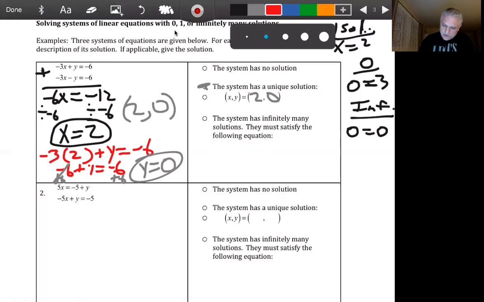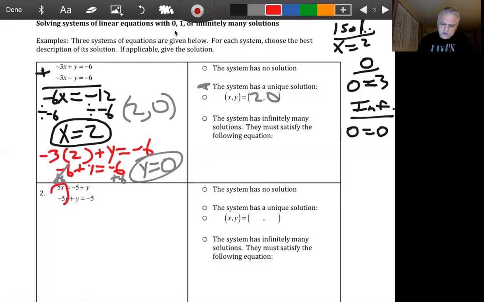So let's see what we can line up. Well, the x's are lined up already, so we're not going to mess with the x's. And on the right side of the equal sign, you got constants, so we're not going to mess with the constants. But this plus y is on the right side of the equal sign, and this plus y is on the left side of the equal sign. So I want to get them on the same side.